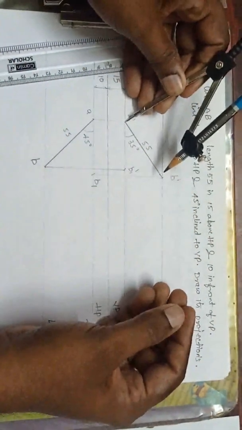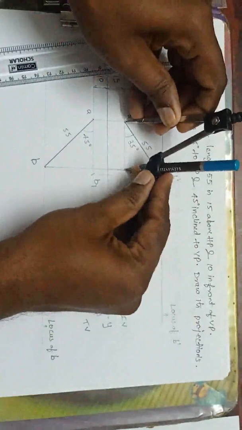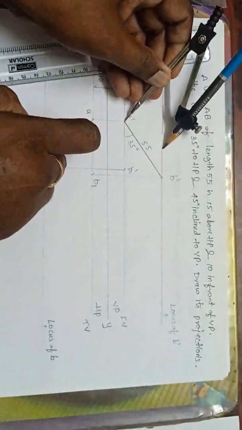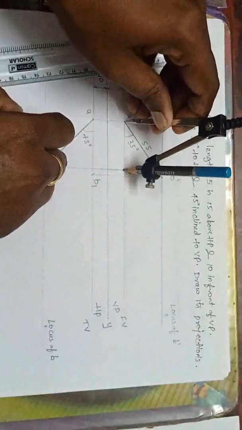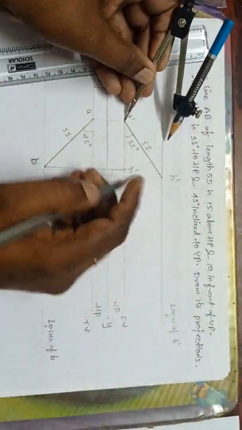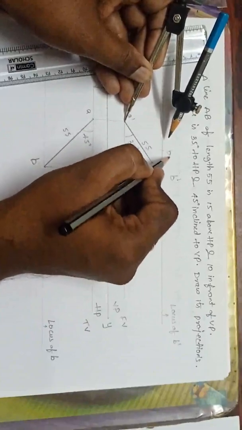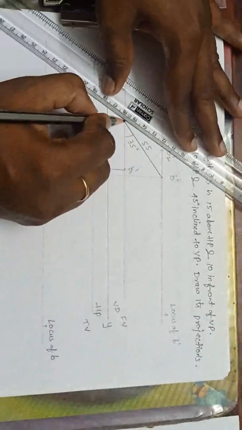So, what I'll do, take a radius as A dash to B dash, with A as center, draw this curve up to the B dash line. Like this. Now, this B1 dash extended up to this point. So what I'll call is, this is B2 dash, and join A dash to B2 dash.